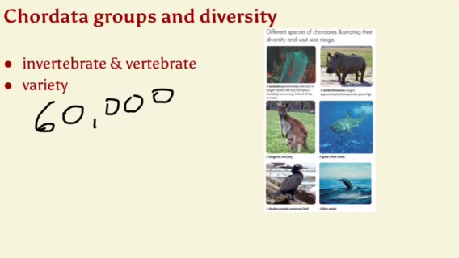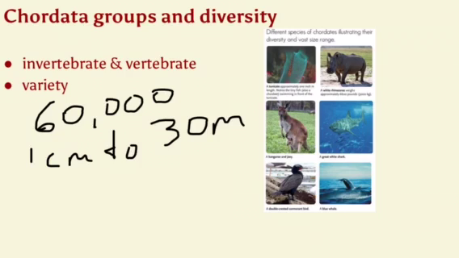Chordates range in length from about 1 centimeter to 30 meters. So you have little tiny organisms, not quite microscopic, ranging all the way up to the largest animal ever to exist, the blue whale.